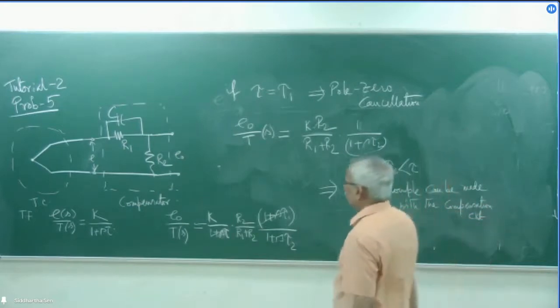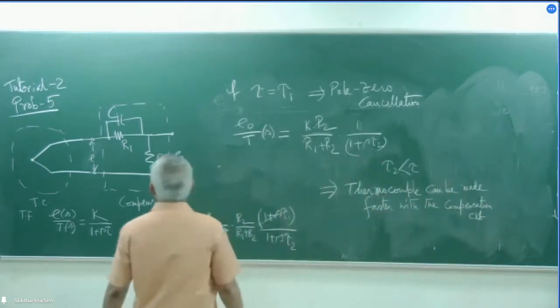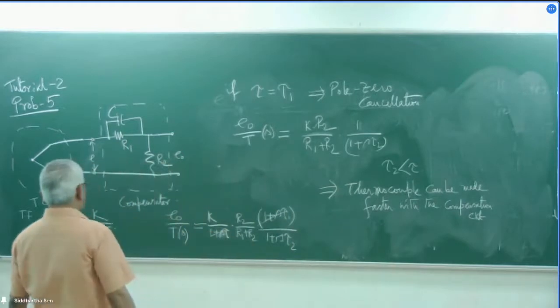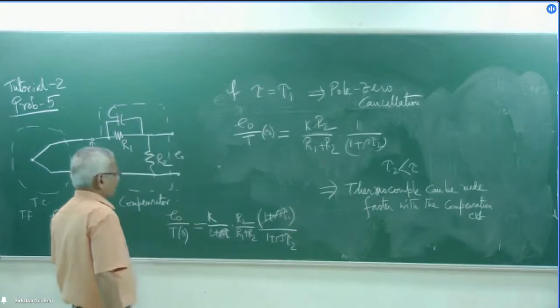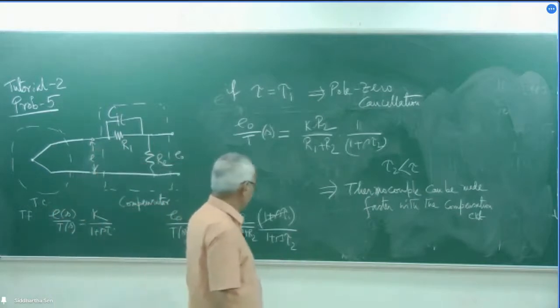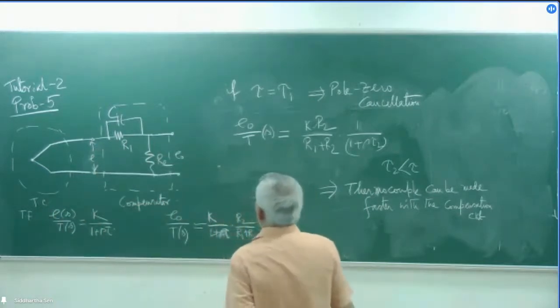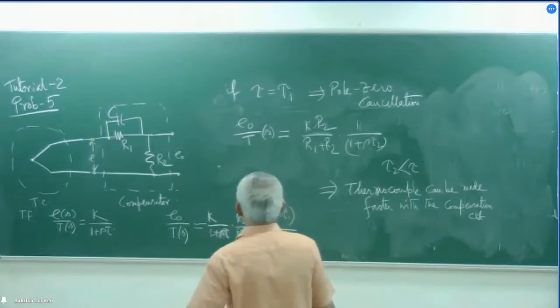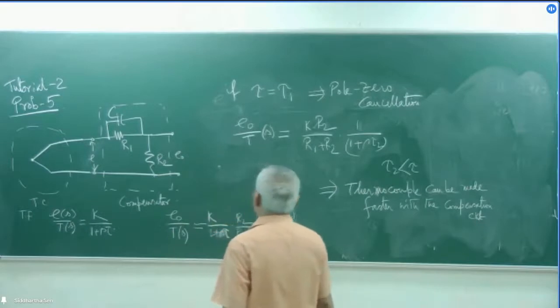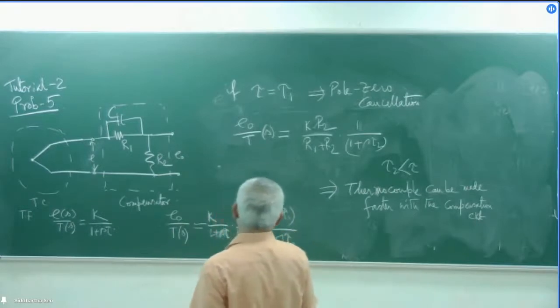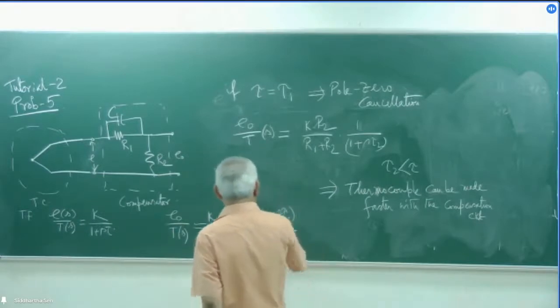So basically we choose R1 and C so that it exactly equals the tau, the time constant of the thermocouple. And then you choose R2 such that this R1 and R2 parallel combination sets a time constant which is much less than this one.